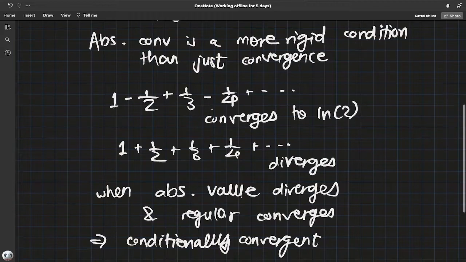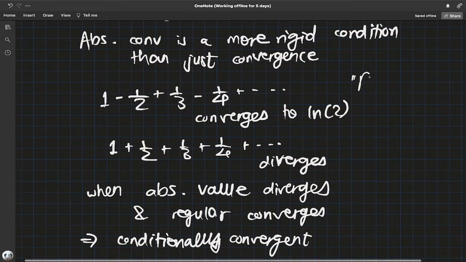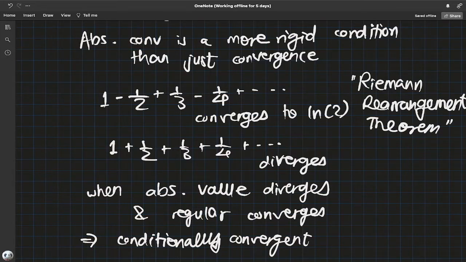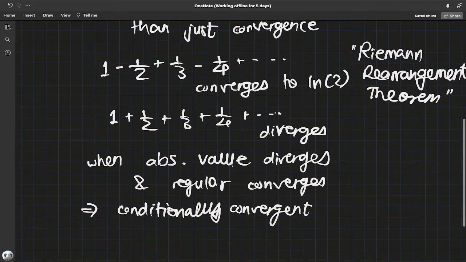There's a theorem, the Riemann rearrangement theorem. You can read about this on Wikipedia. What that says is, if you hand pick some positive terms and some negative terms and do partial sums individually, you can get any answer you want.